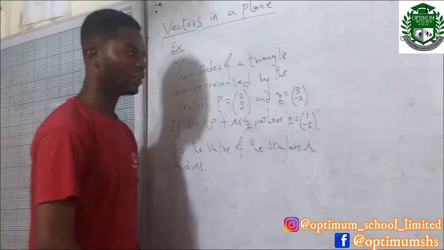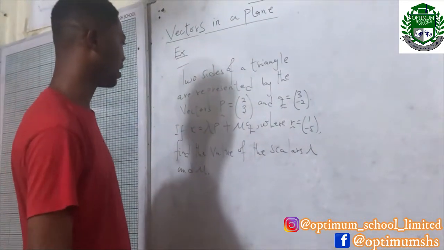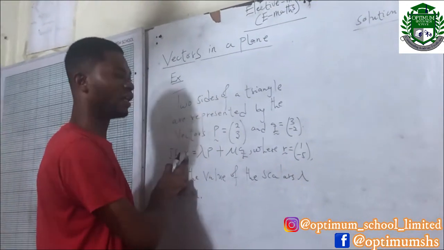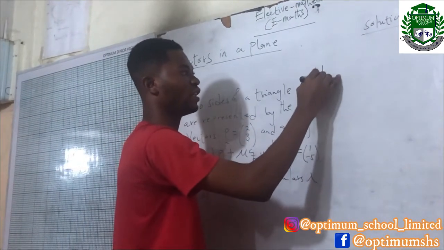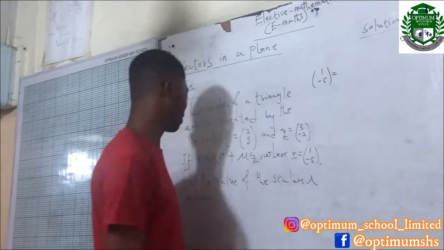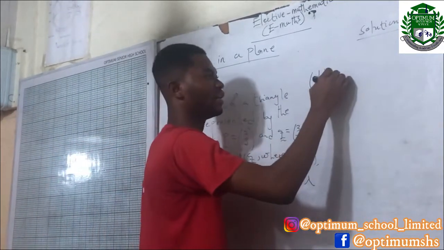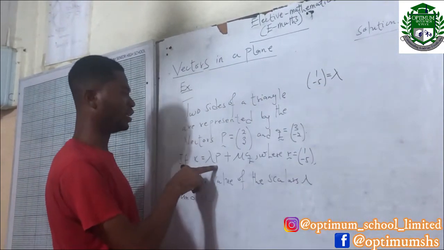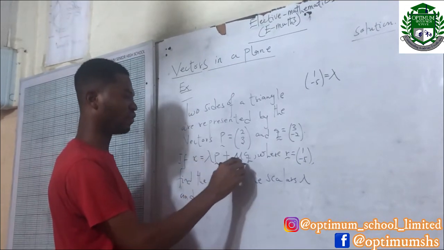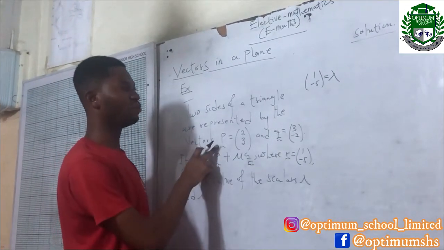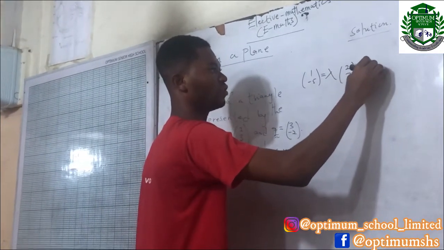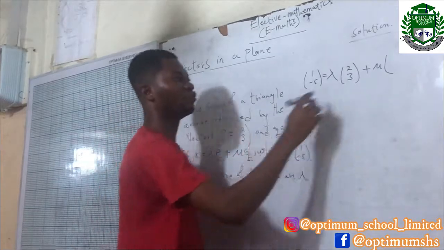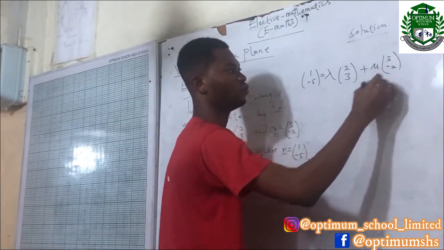And how do we do this? First of all, let's illustrate this expression with their components. The value of r has been given to us as (1, -5), and this is equated to a scalar lambda times p, which is (2, 3), plus mu times q, which is (3, -2).